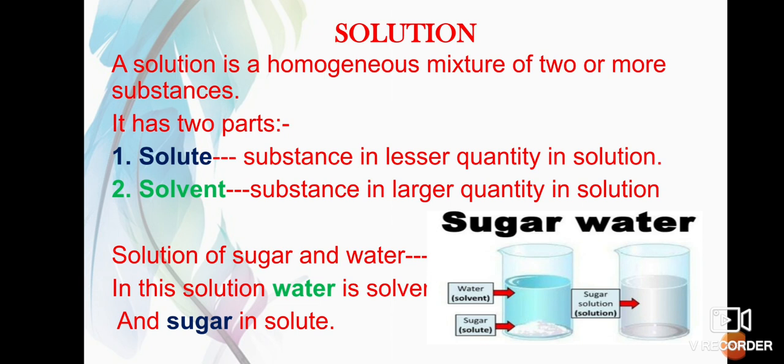Large quantity, less quantity. In this solution of sugar and water, water is the solvent because it is in large quantity, and sugar is the solute because it is in less quantity. Okay, students?